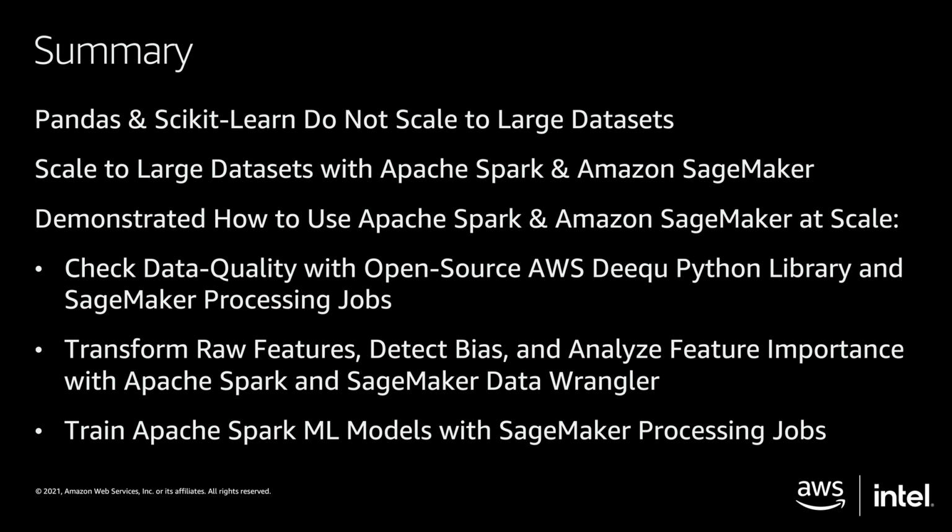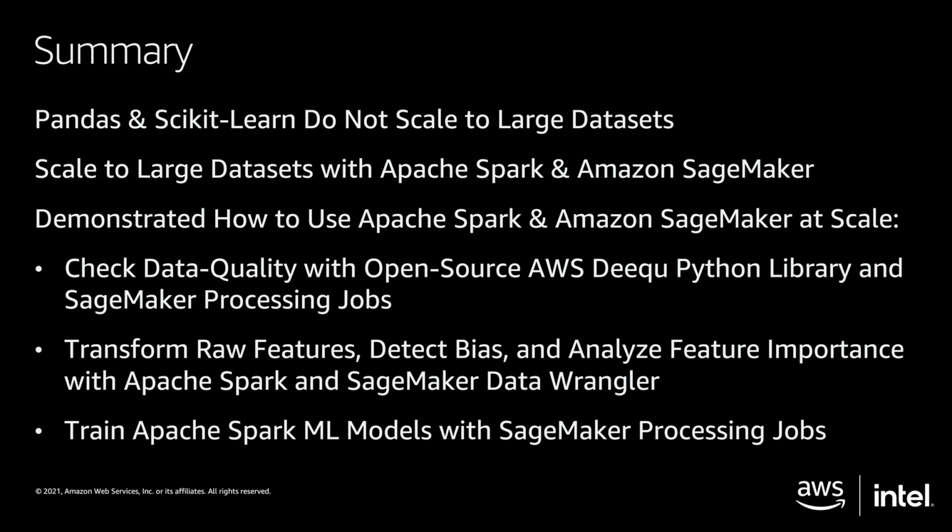Second demo, we actually transformed the raw Amazon customer reviews data set, 150 million reviews from the years 1995 till 2015. We detected bias relative to product category, and saw that there was a little bit of class imbalance, specifically relative to predicting 5 and 4 for the star rating.